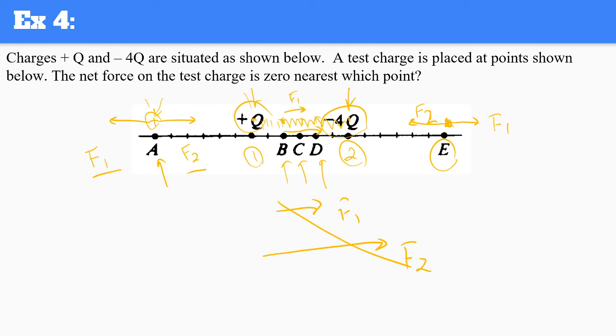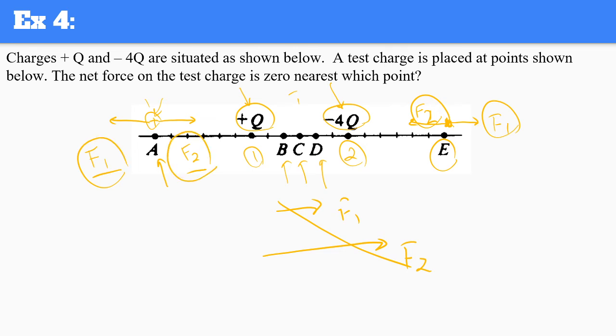Because when you think about distance, remember the force and distance are related, and as you go farther away from the charge, you're going to have less force. The amount of charge is also a factor. So we know the first charge is pulling weaker than the second charge, because the second charge is 4Q and the first charge is just Q. So then we know that F1 is less than F2.